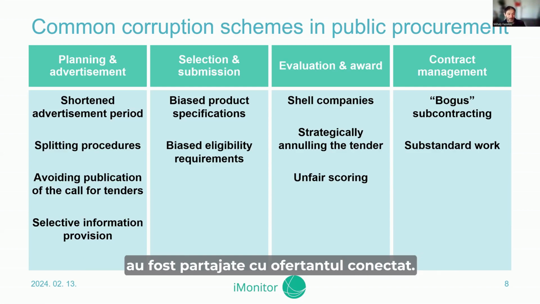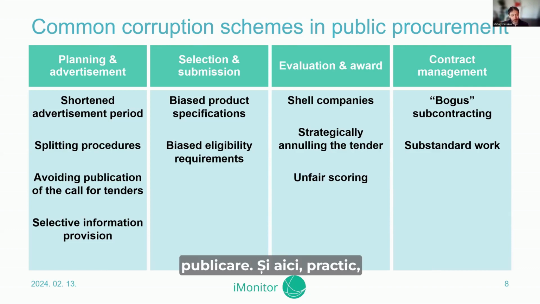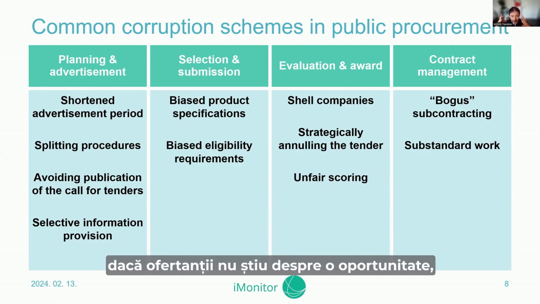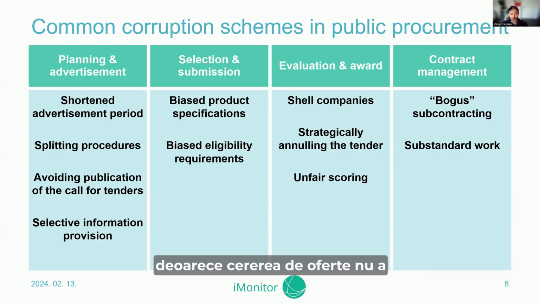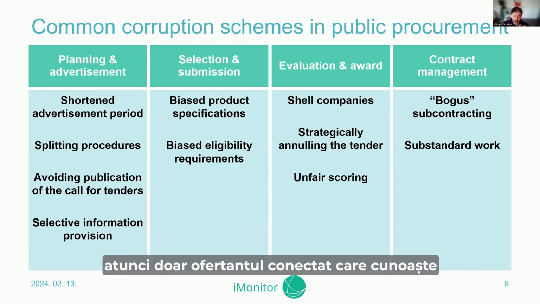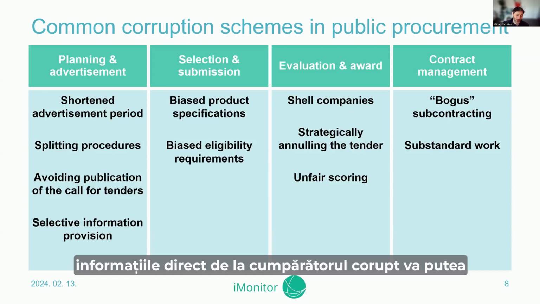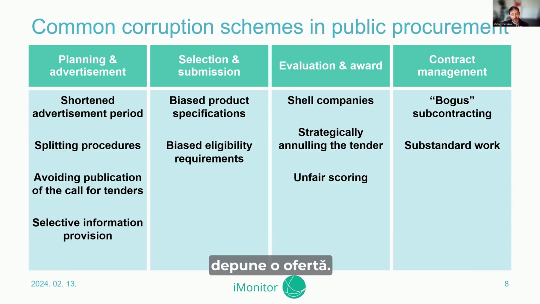Avoiding publication of the call for tenders is another frequent corruption scheme in the advertisement phase. Here, if bidders don't know about an opportunity because the call for tenders was not advertised widely, then only the connected bidder who knows the information directly from the corrupt buyer will be able to submit a bid.